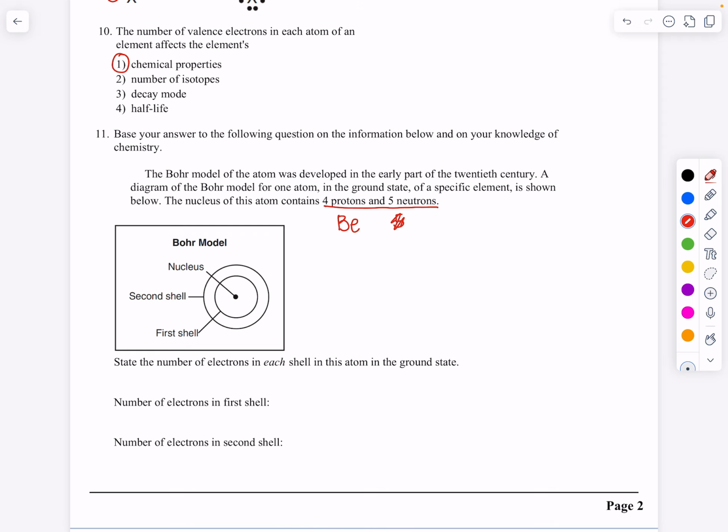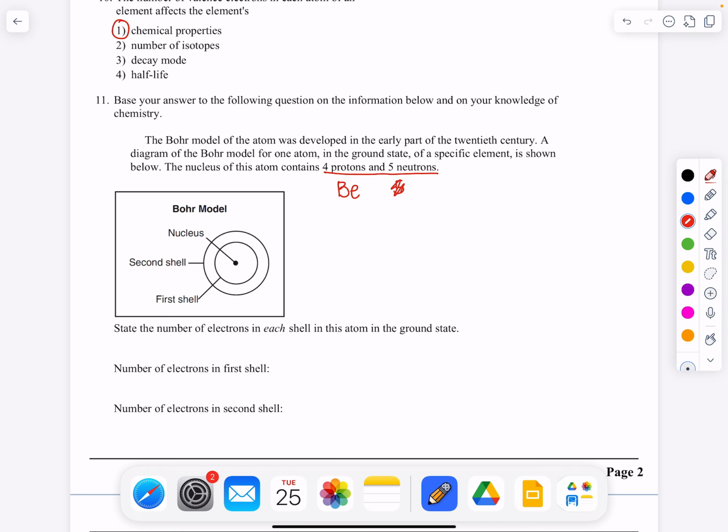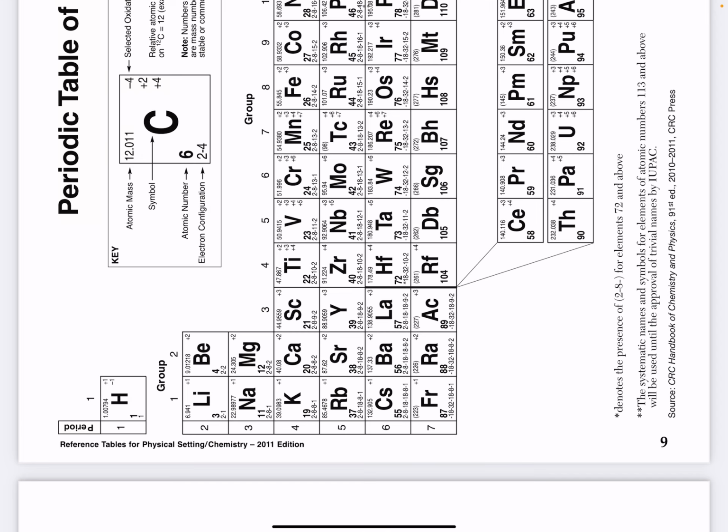State the number of electrons in each shell of this atom in the ground state. So we can use the electron configuration for that. The electron configuration of beryllium is 2-2.